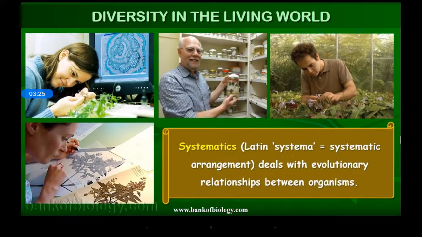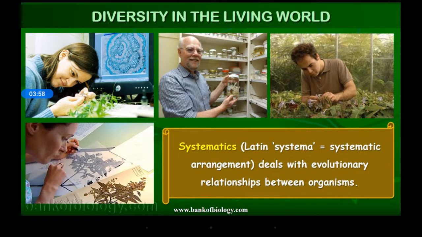And what is systematics? Another term we are studying here. It is from the Latin word systema, meaning systematic arrangement. Systematics deals with the evolutionary relationships between organisms, or simply, the systematic arrangement of organisms. This will all help us make the study easy, that is, how we can study this many millions of organisms in the world.